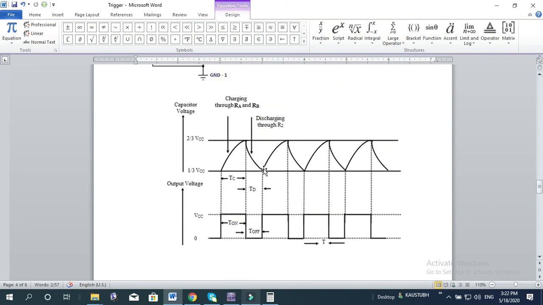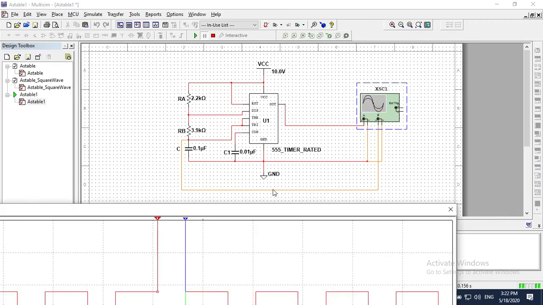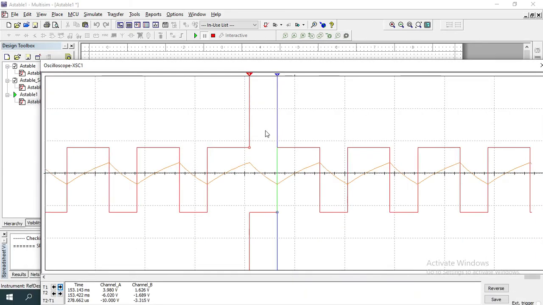Okay, and if you would like to check exactly the charging up to 2/3 of VCC, you can check it.